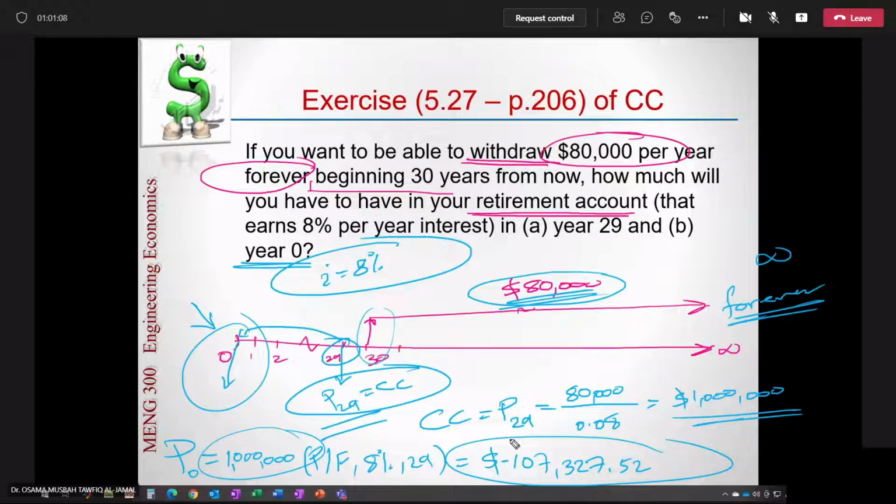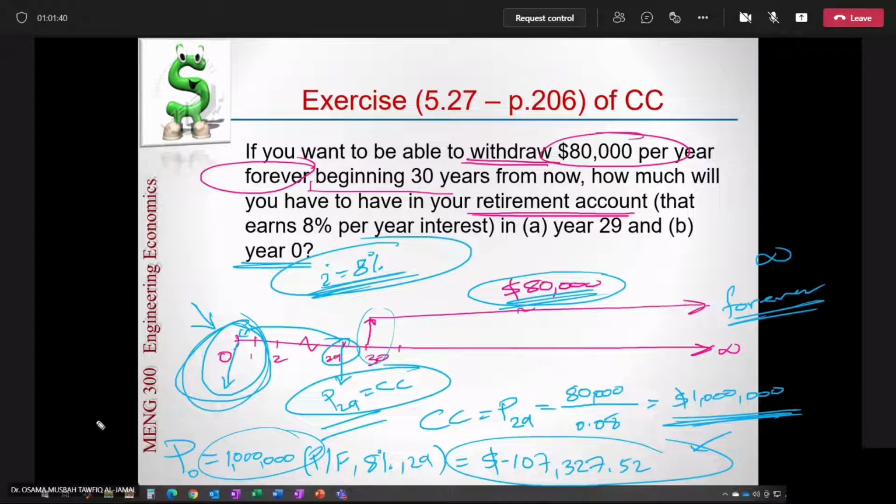And by the way, this is part of the pension fund. Thank you, Lubna. What do we mean by the pension fund? The retirement fund money. You put an initial amount of 107,000, like what we put in here, and after 29 years of work you will have 1 million, if the percentage is fixed over 29 years.